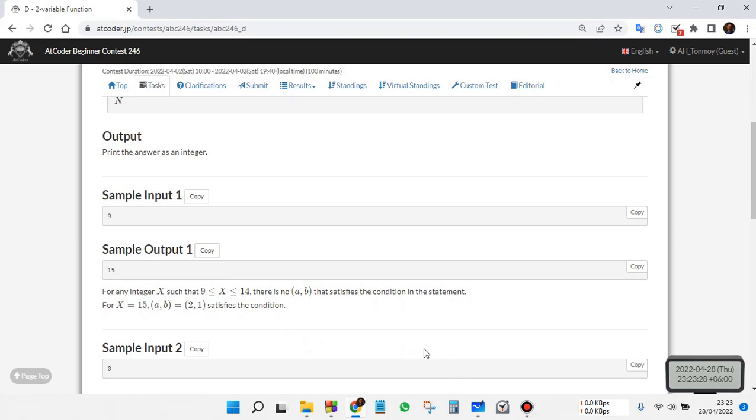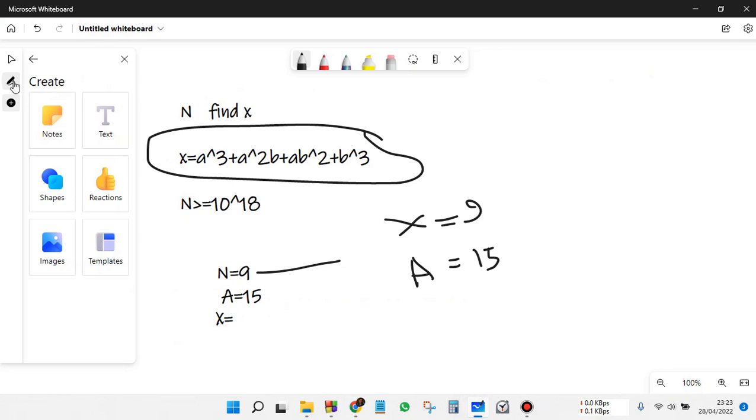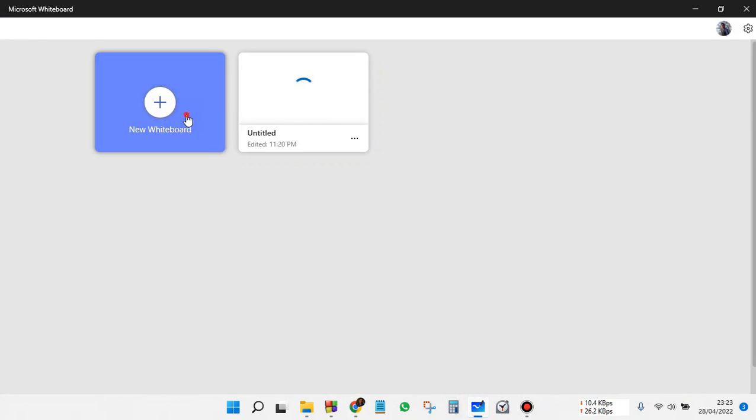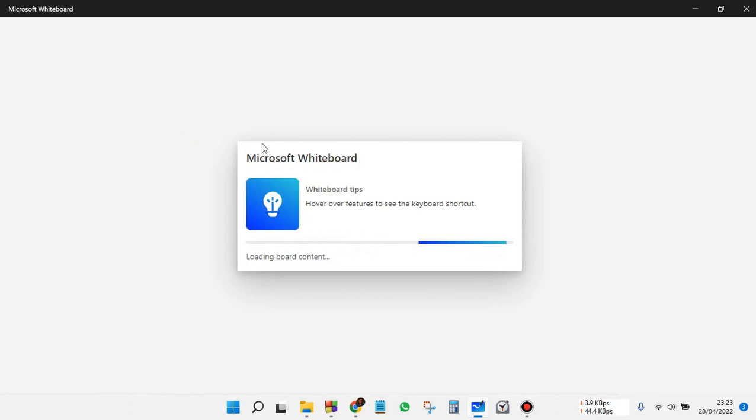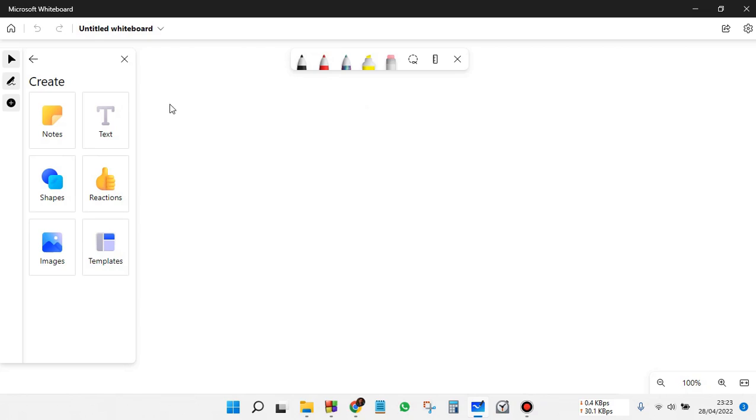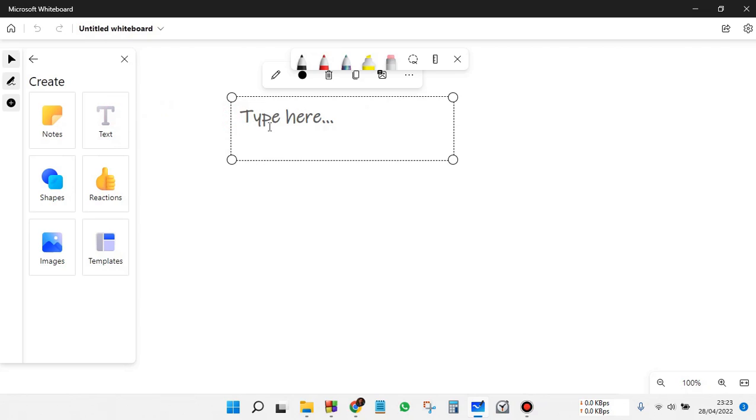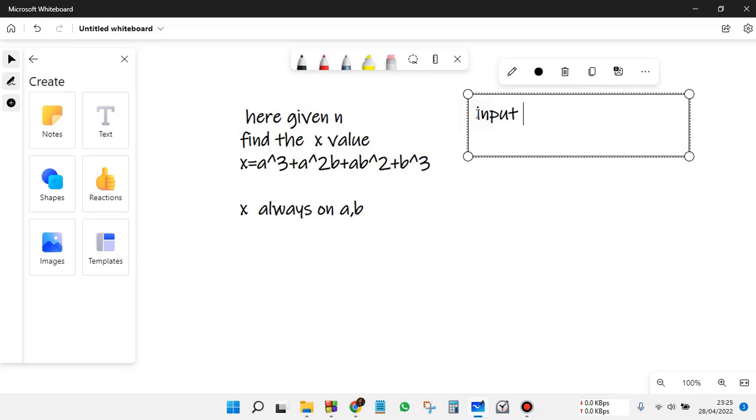So for better understanding, now we go to the whiteboard. Given n, find the variables' values. Input n is equal to 9, and output x is equal to 15.